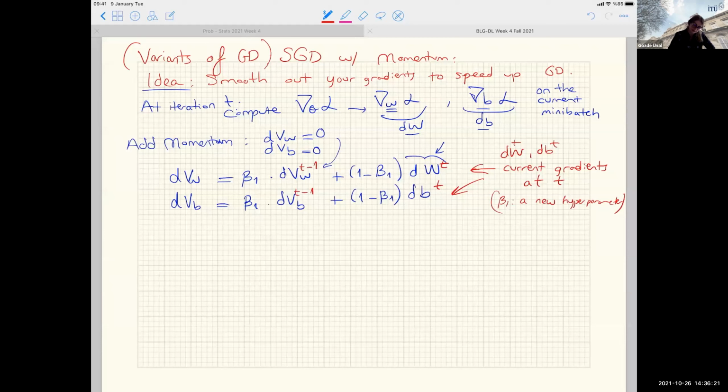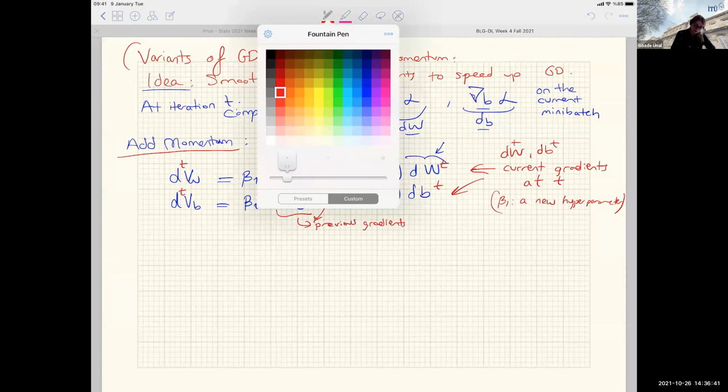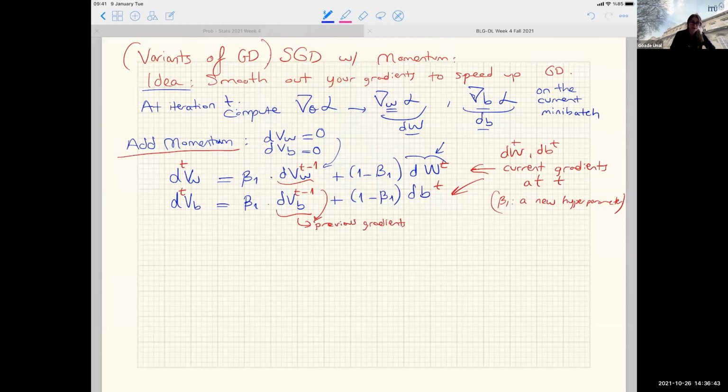This one and this one are coming from the previous step, weighted averaged, of course, previous gradients. Now I calculated the current weighted average gradient, and now I can update. This is SGD with momentum. Now update the parameters. Okay.